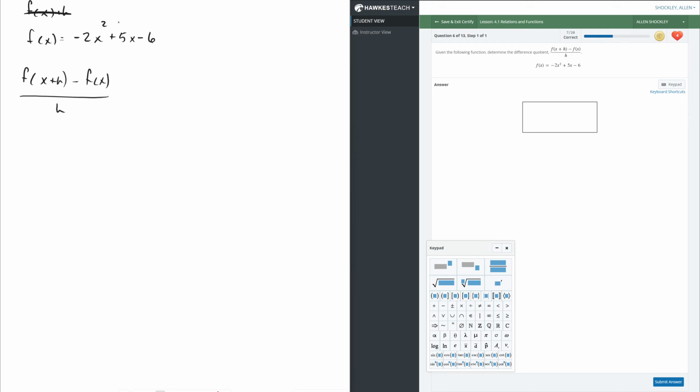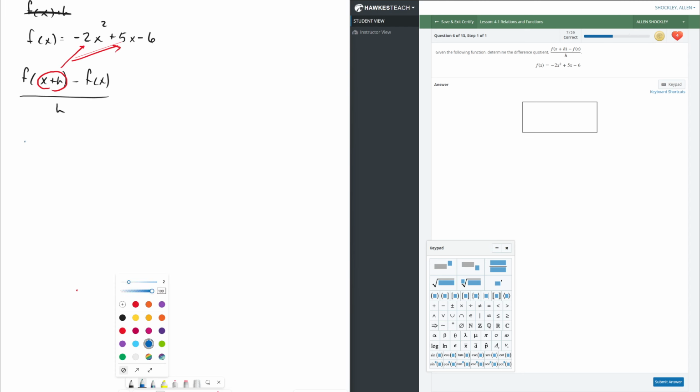Again, you are replacing this right here into my x's. You're going to start off though by just writing what you see.